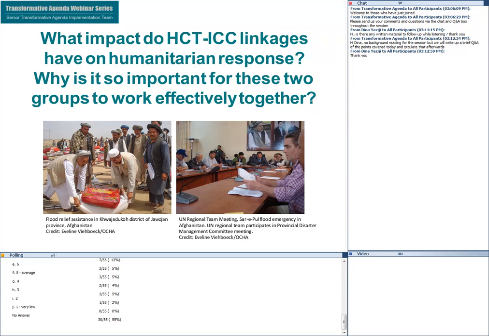by setting up a structure where we have HCT meetings in one form or another every 3 weeks. One is just the core HCT without the clusters, and the other is a broader meeting of the HCT and the clusters together, where we work through the operational challenges that we're addressing.